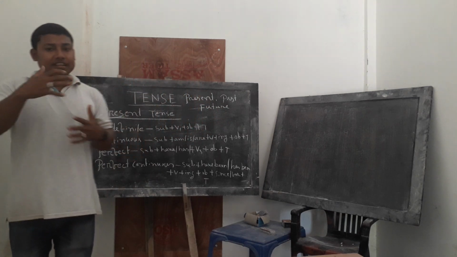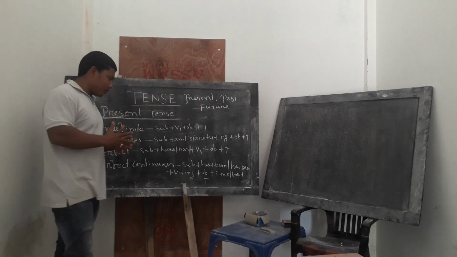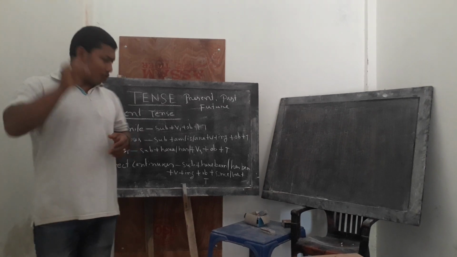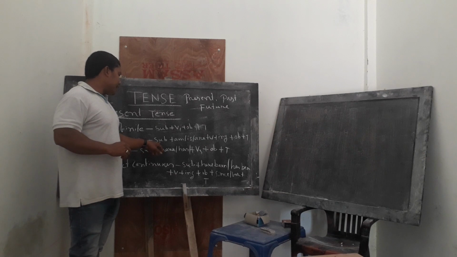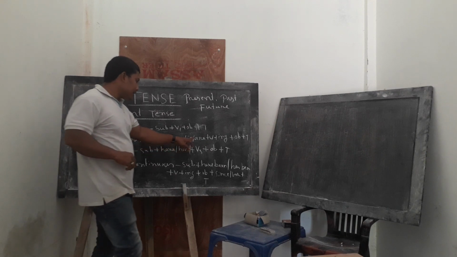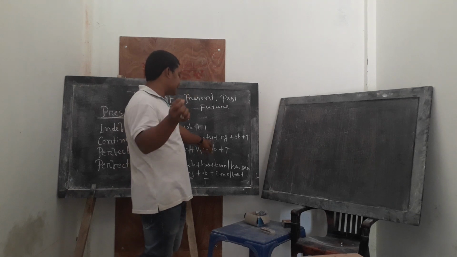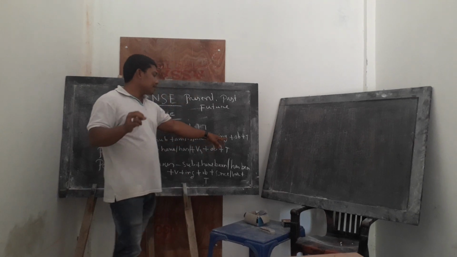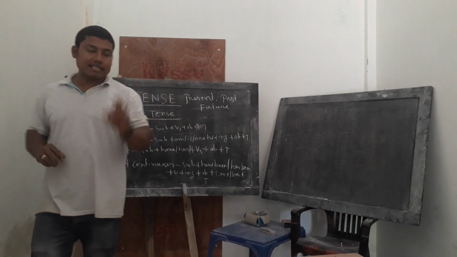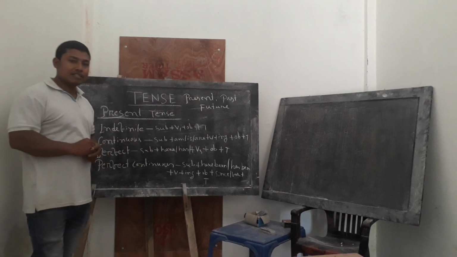Suppose, I am teaching you English grammar now. Here I is the subject, am is coming from the formula, and verb plus ing, teach plus ing, teaching, English is the object, now is the time. This is the basic concept of present continuous tense.